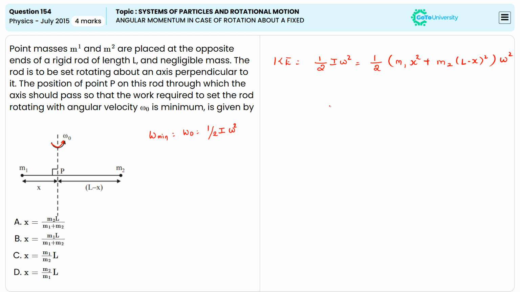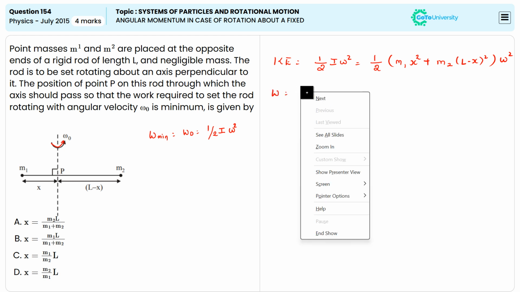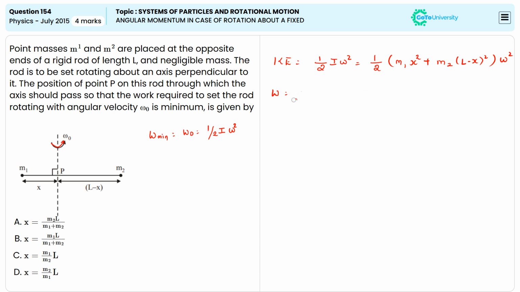Then the work required, W, is equal to the change in kinetic energy, which is half into m1 x square plus m2 times (L minus x) whole square into omega square.